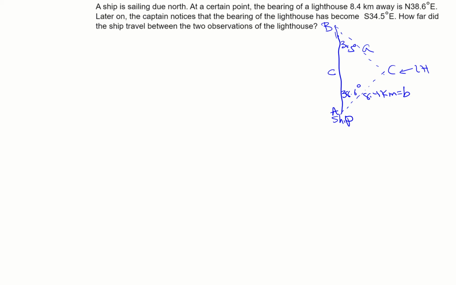So we know that we can actually find the angle C very quickly before we apply the law of sines. We know that C is going to be 180 minus 34.5 degrees minus 38.6 degrees.